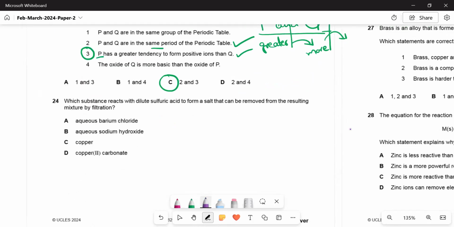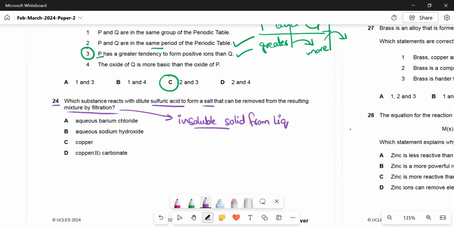Okay. Next, question number 24. Which substances react with dilute hydrochloric acid or dilute sulfuric acid to form a salt that can be removed from the resulting mixture by filtration? Okay, so by filtration, we separate any insoluble solid from a liquid mixture.